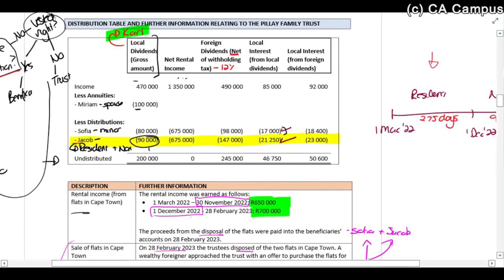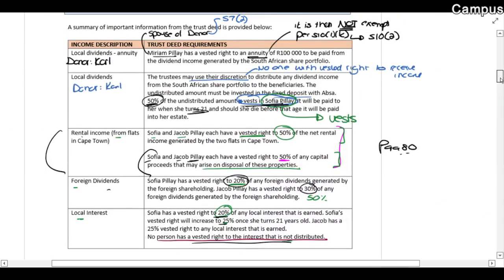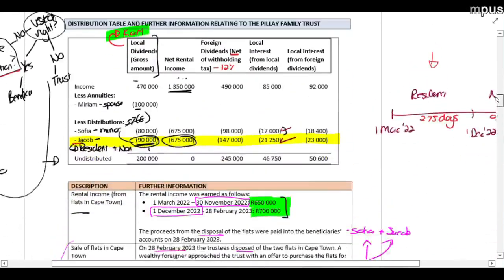In any case, it would have been taxed in Jacob's hands because he was a non-resident at that point in time. You'll remember under section 7.8. Then the net rental income, 675. That 675 is 50% of the 1350. If you add these two amounts up, you'll see it's 1350. Jacob is entitled to 50% of that amount.